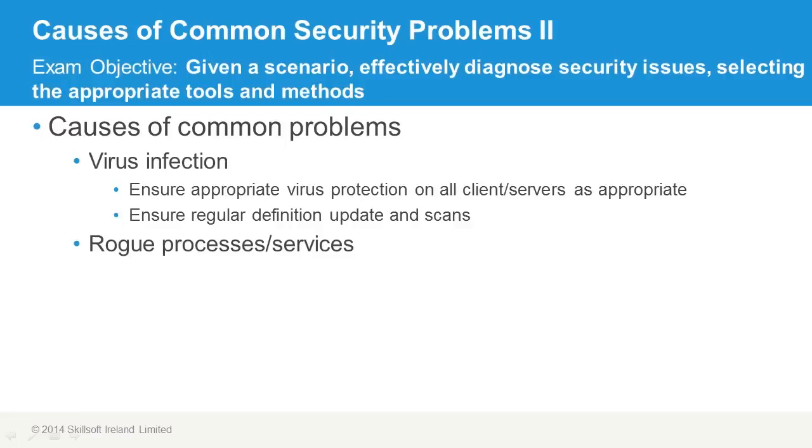A lot of them also have the ability to report rogue processes or services. Now, knowing that it's rogue can be a bit of a challenge. There's a number of applications that you can run that say, here are the processes and services that are running. But it's ultimately up to you to be able to identify which ones are valid, which ones are not.